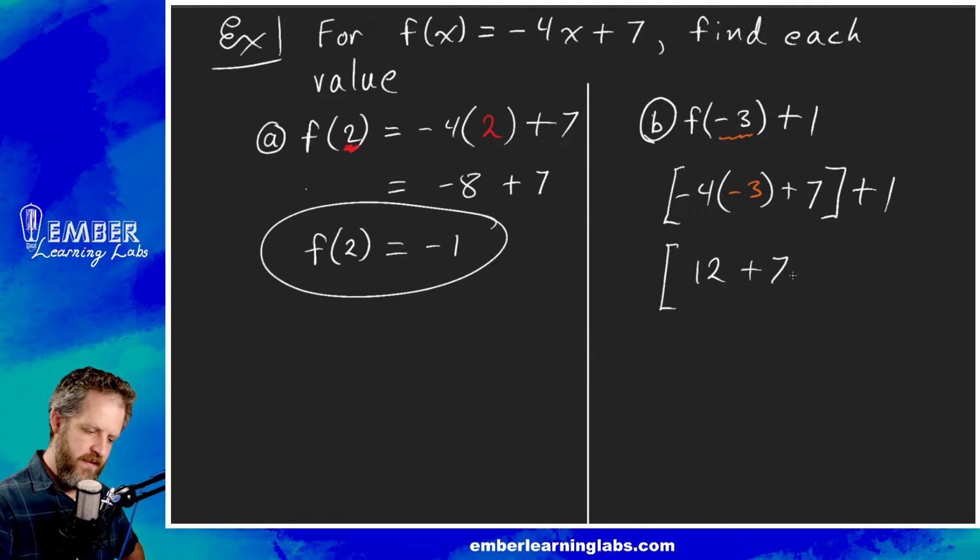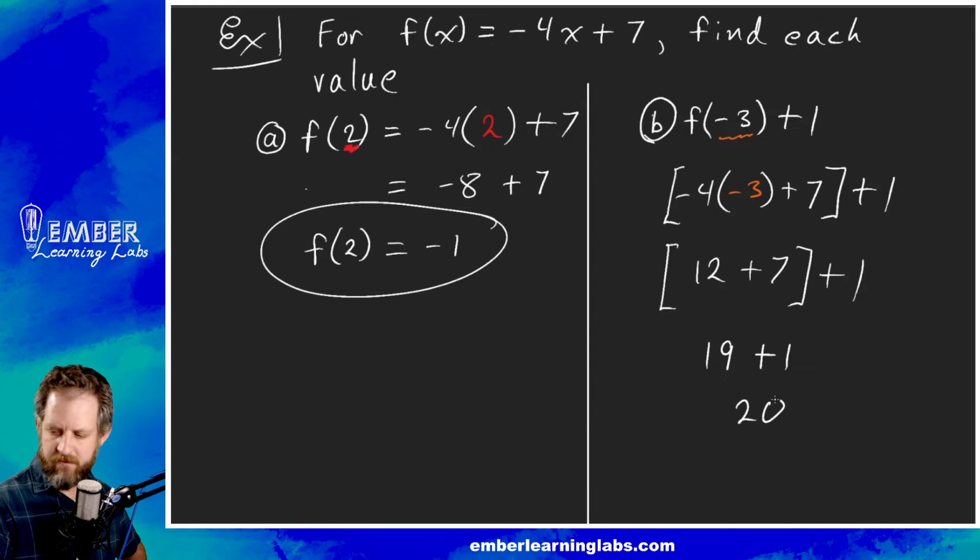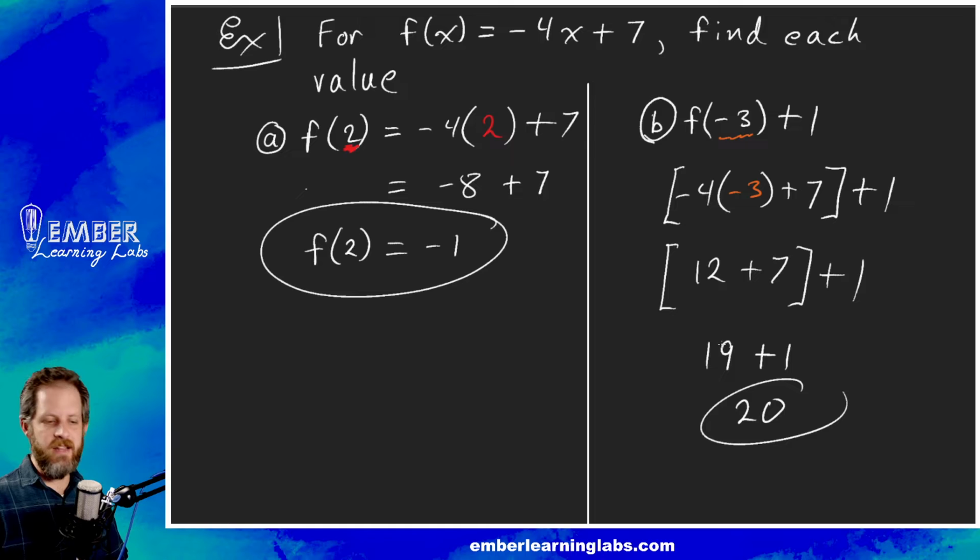Bring down plus 7 and plus 1. 12 plus 7 is 19. Plus 1 is 20. That's no big deal either. It's almost like math makes sense.